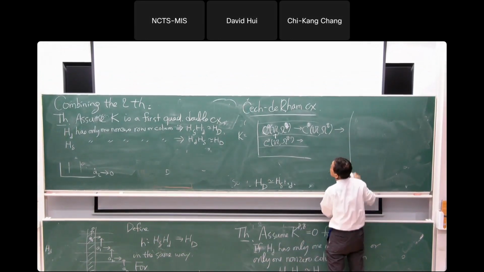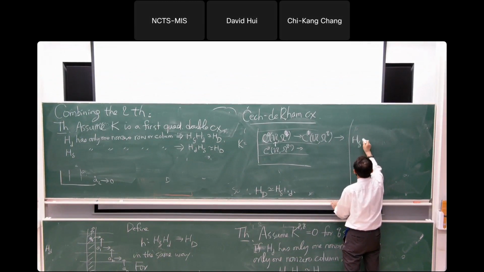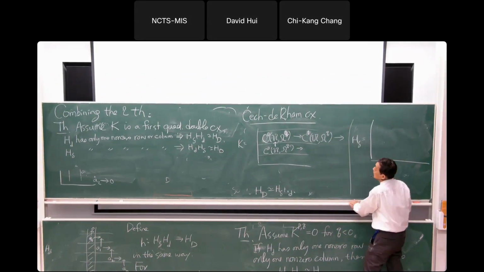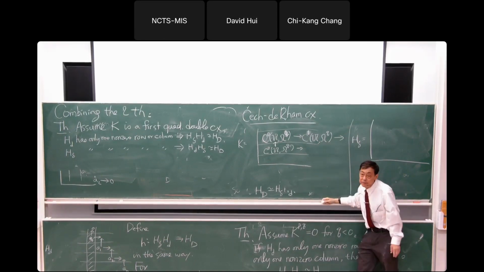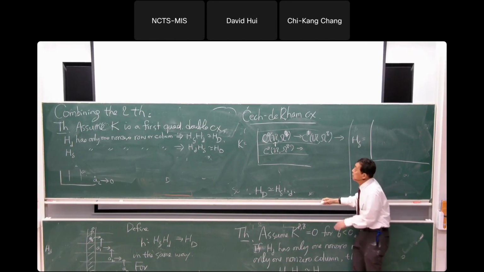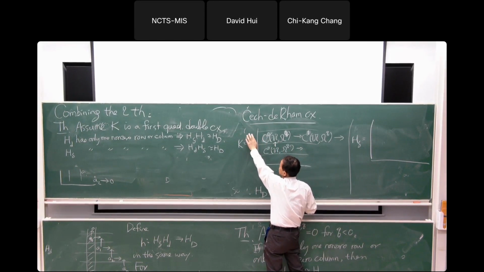And let's first compute H delta. Well, you know that each row is just a generalized Mayer-Vietoris sequence, so it's going to be exact except here because you're missing the kernel.